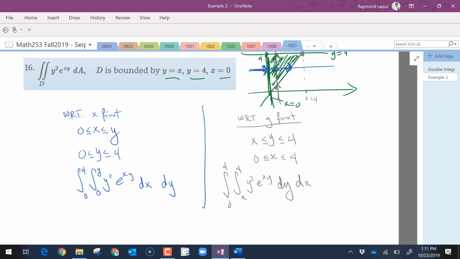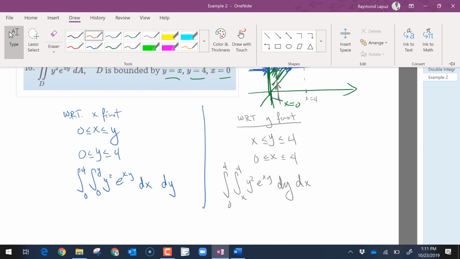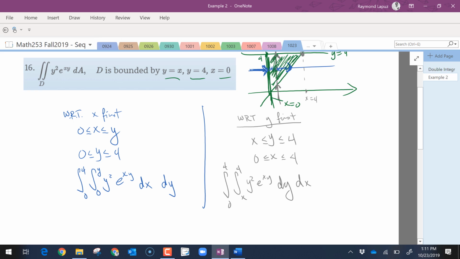So these two are equal. What do you notice? When we were just talking about rectangular regions, I had constant limits for both, and I switched the order. Fubini's theorem says I can switch the order and everything would be fine.